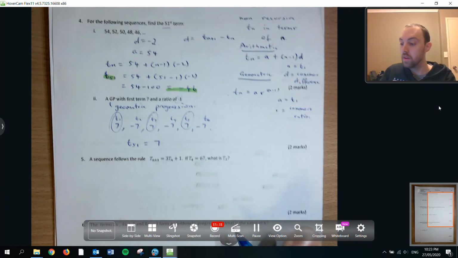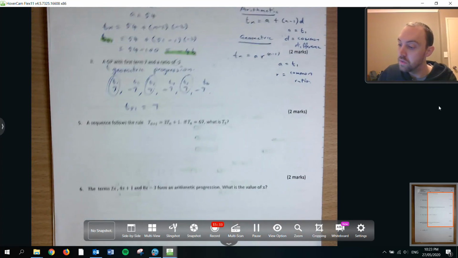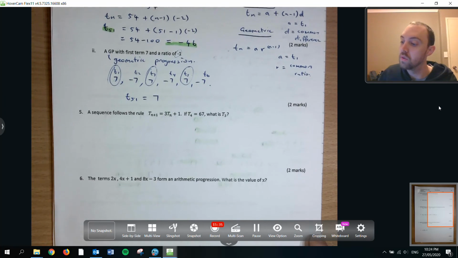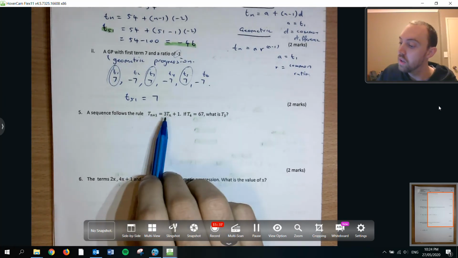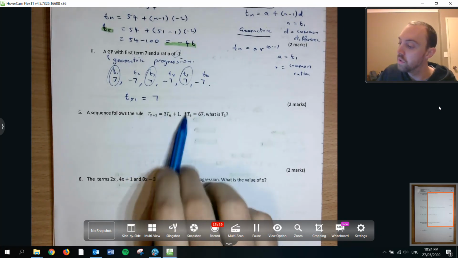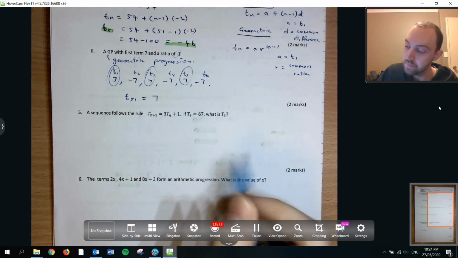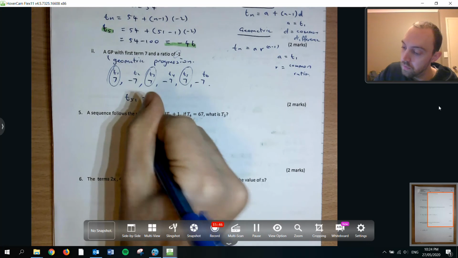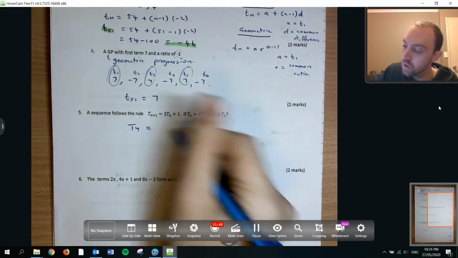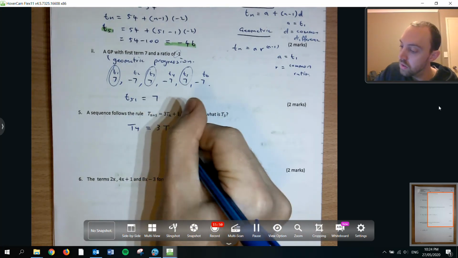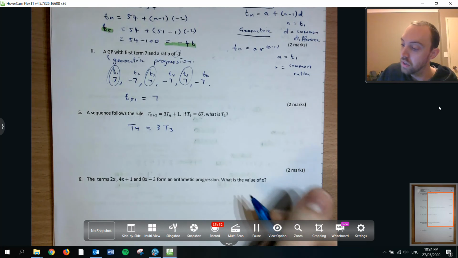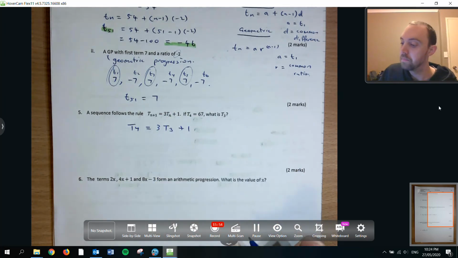Cool. Question 5. A sequence follows the rule Tn plus 1 is equal to 3 lots of Tn plus 1. If T4 is equal to 67, what is T3? Well, T4 is equal to 3 lots of previous term, T3, plus 1.